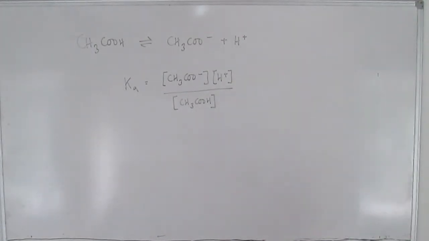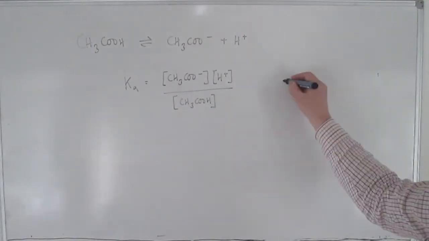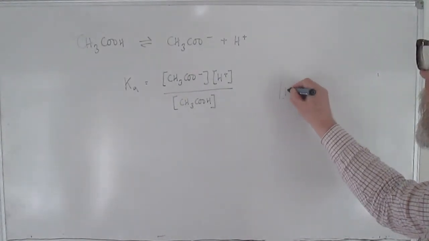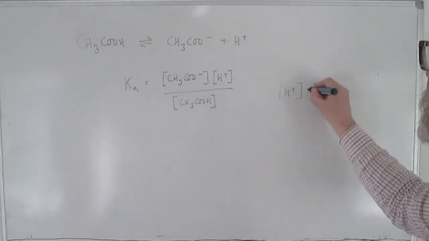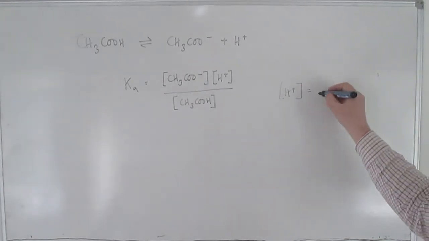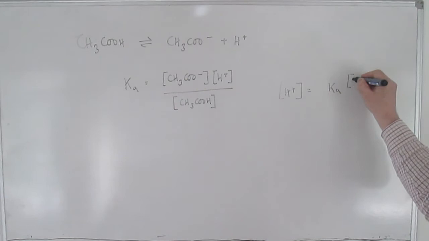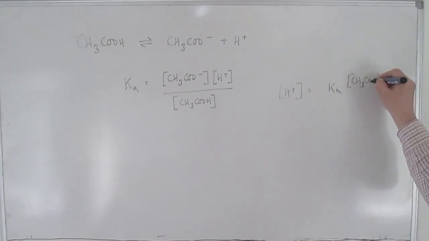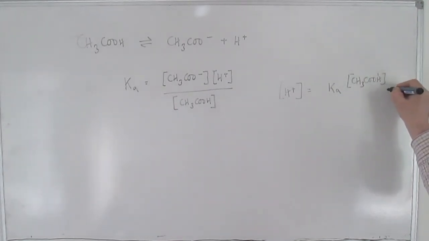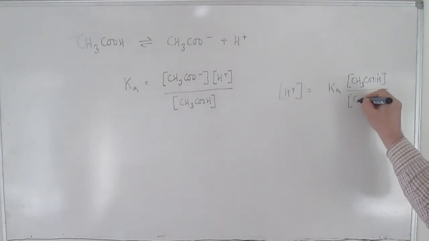So we can just rearrange this expression and get that H plus concentration is equal to Ka times ethanoic acid divided by ethanoate.